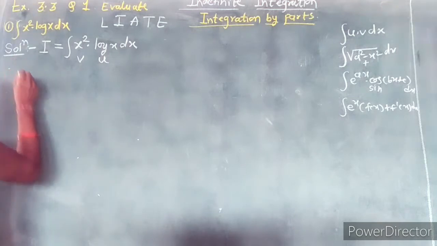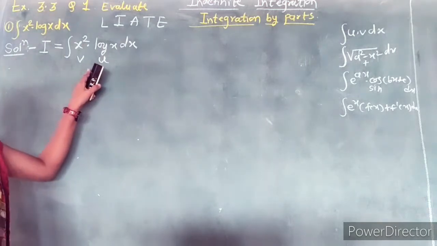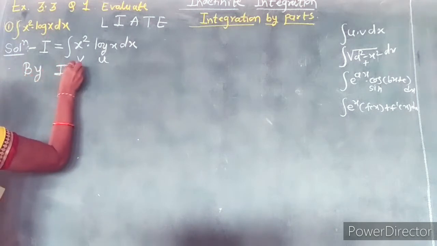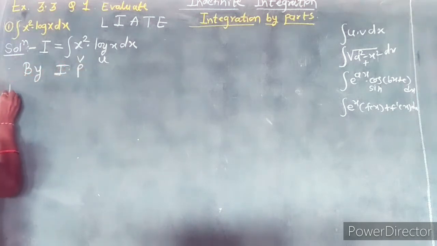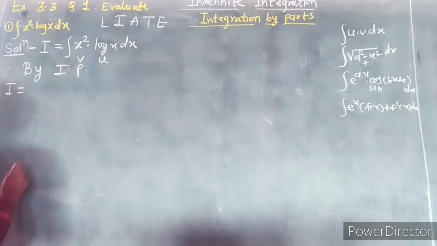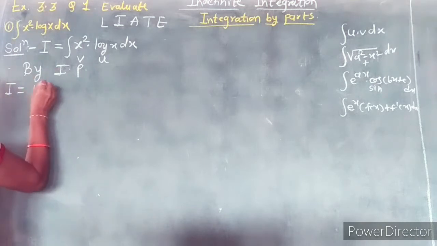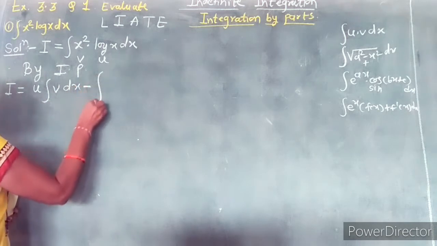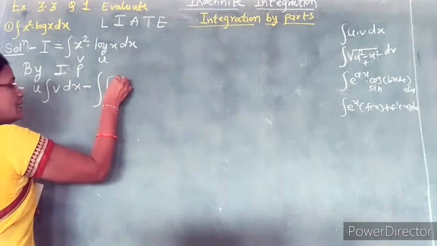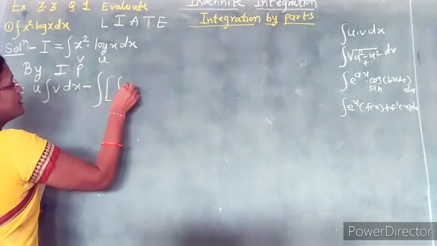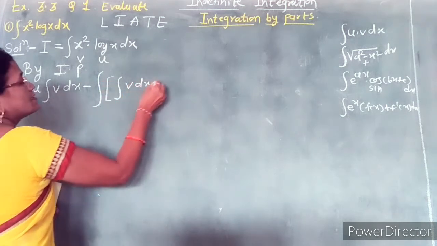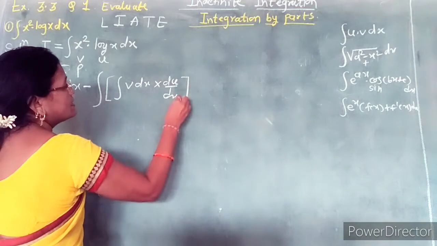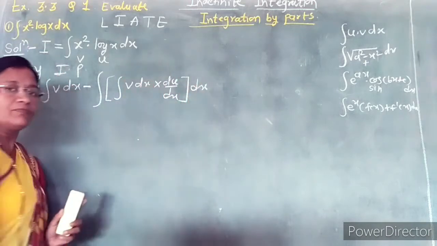Therefore, we can evaluate this integral by integration by parts. So by integration by parts, I is equal to, first we write the result: u times the integral of v dx minus the outer integral, again the inner integral with respect to x, multiplying the derivative of the first function, and the whole of this integration with respect to x.